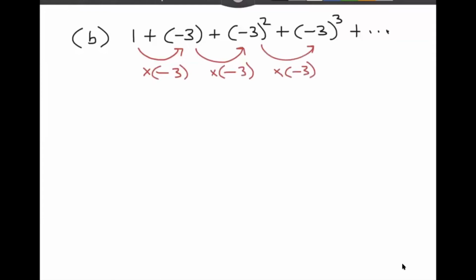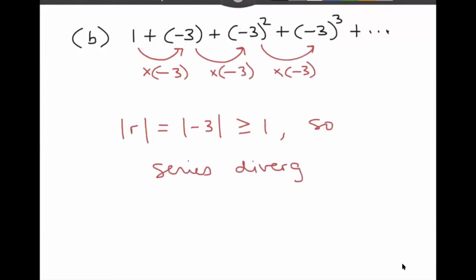Well, this series is not going to converge because the absolute value of r, which is the absolute value of -3, is greater than or equal to 1. So when a series diverges, that's all there is to say. That means it does not have a sum.